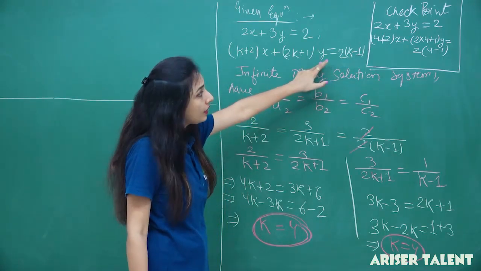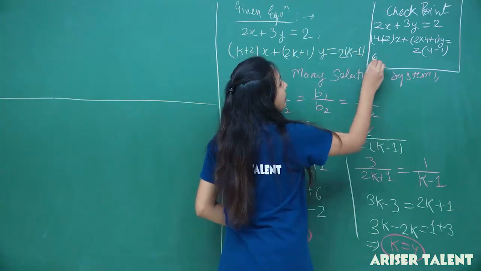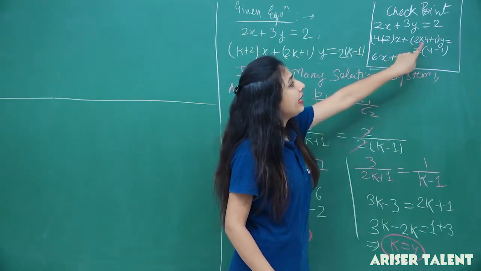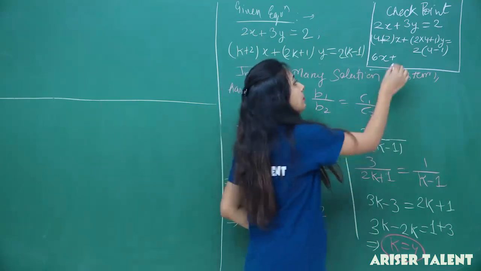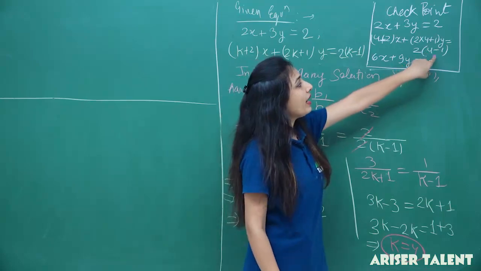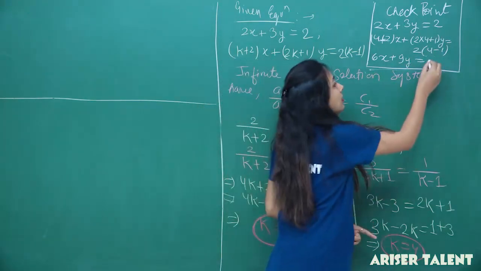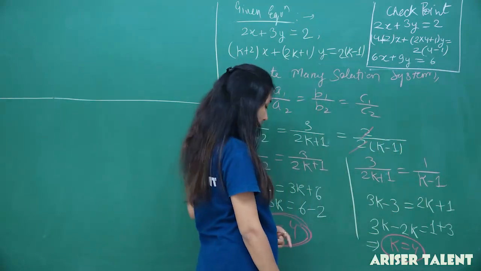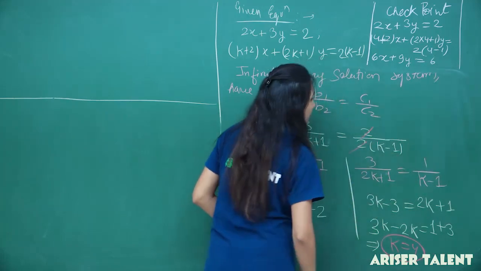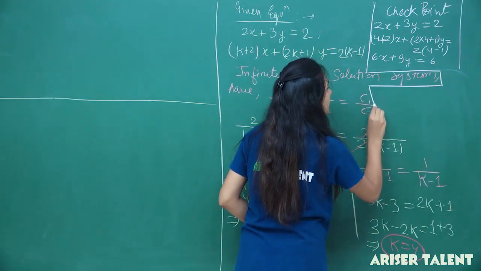Now 4 plus 2 is 6x, plus 4 twos are 8 plus 1, 9y, equals 4 minus 1, 3 twos are 6. I will just expand it more.